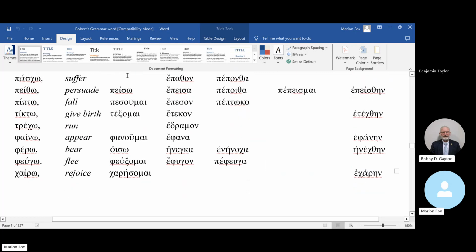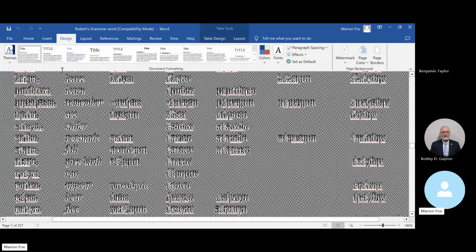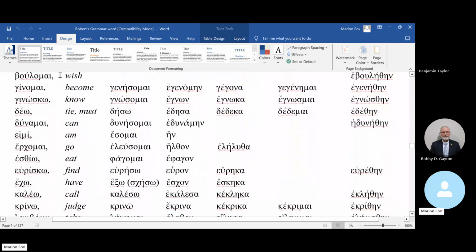Kairo has 3 that are irregular and 3 that are not, 3 forms. Trecho, I run, has a standard form in all of them except this one right here. This form is the 3rd column, and that will be aorist. The aorist.